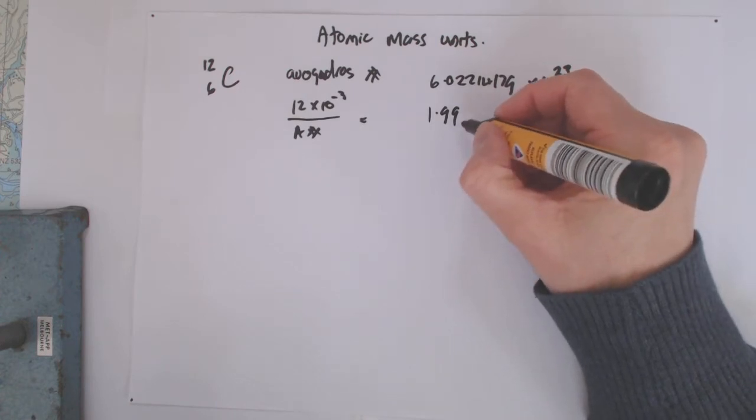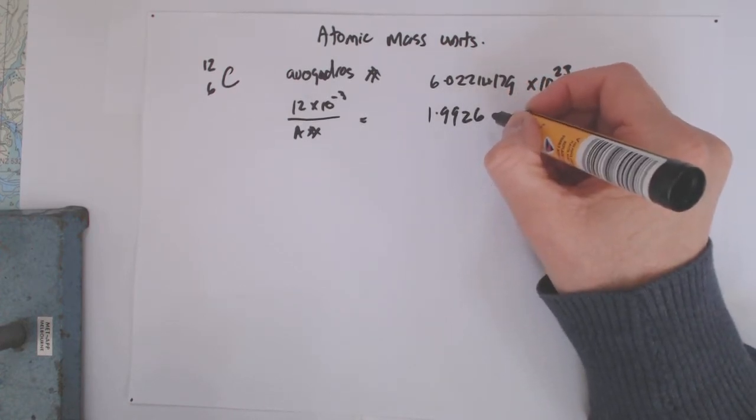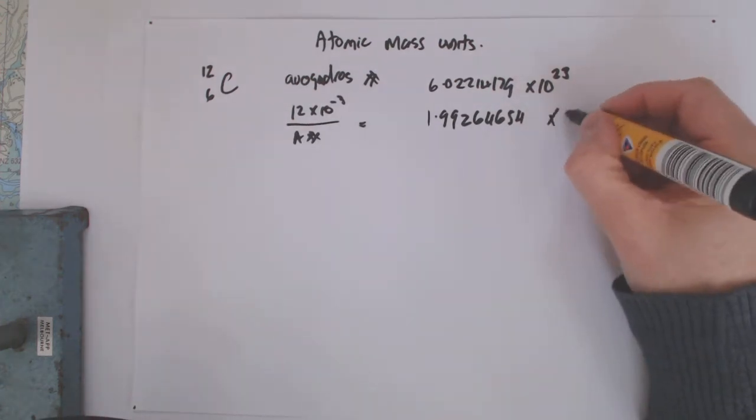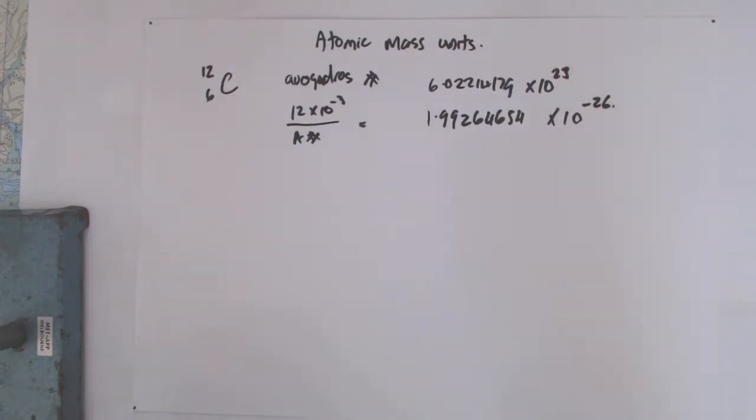We always want to do a few decimal points with this. So that's the mass per carbon-12.